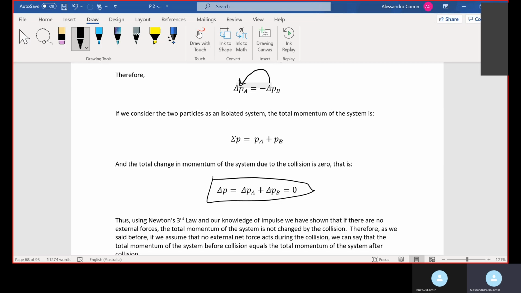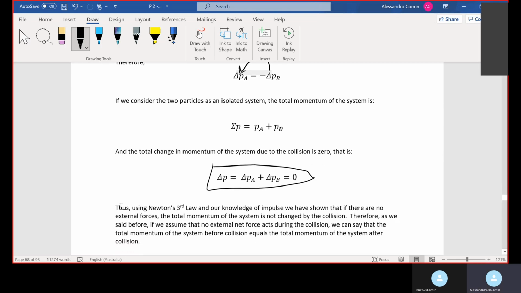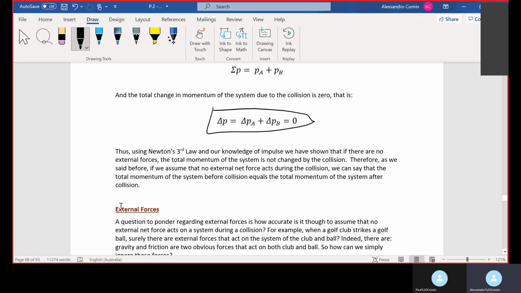No momentum's changing overall. So using Newton's third law and our knowledge of impulse, we have shown that if there are no external forces, the total momentum of the system is not changed by the collision. Therefore, as we have said before, if we assume no external force acts during the collision, the total momentum of the system before collision equals the total momentum of the system after collision.